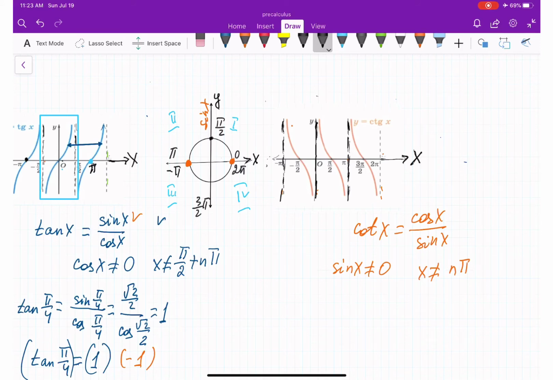Now, cotangent follows cosine as to increasing and decreasing. So from 0 to half a pi, my cosine is increasing, yes? I mean decreasing, I'm sorry. It is decreasing. Why? Because it goes from 1 to 0. Cosine at the point of 0 is 1. Moving to half a pi, it becomes 0. So from 0 to half a pi it is decreasing. Therefore, cotangent is also decreasing from 0 to pi.